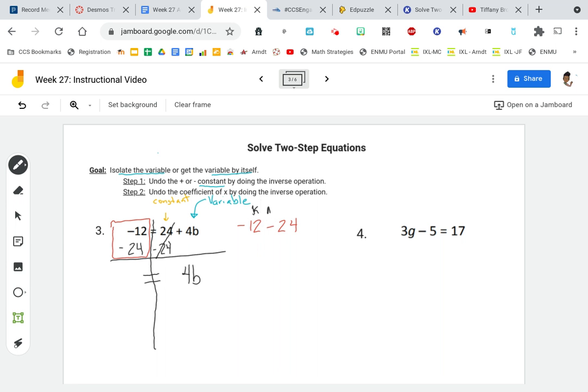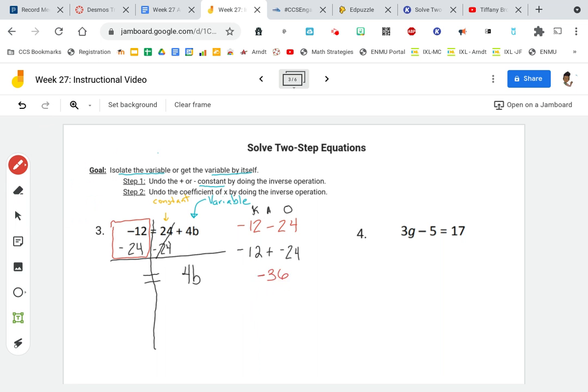We change subtraction to addition, and we change 24 to its opposite. So that would just be negative 12 plus a negative 24. Now I have to remember my rule when I am adding two negative numbers. And the rule is that we just add the numbers and keep the sign of both. So, of course, my sign is going to be negative, and 24 plus 12 is going to be 36.